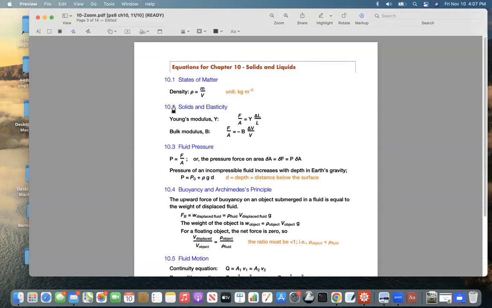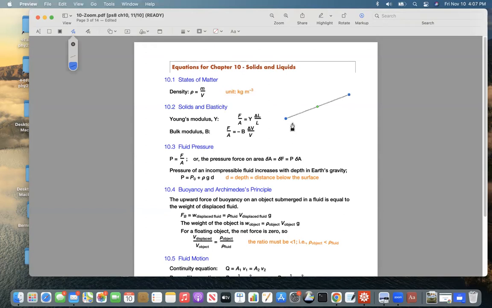Section 2 is on solids. Now, solids are sort of incompressible, but they're not completely incompressible. They are somewhat elastic. They can be stretched or compressed. And there are 2 parameters that are defined to describe elasticity of a solid. How compressible is it? There's Young's modulus. So this is relevant to a sample of matter, which is a long, thin sample.